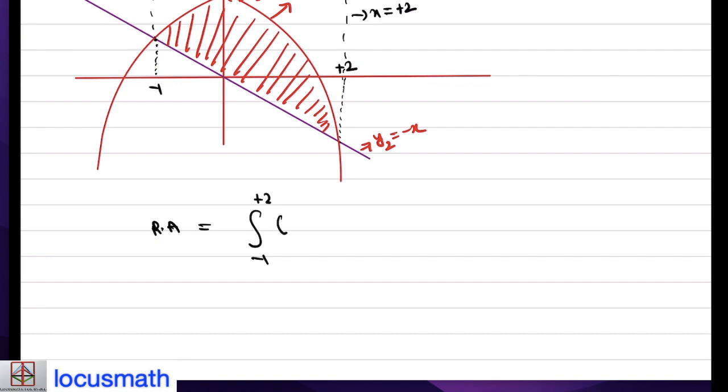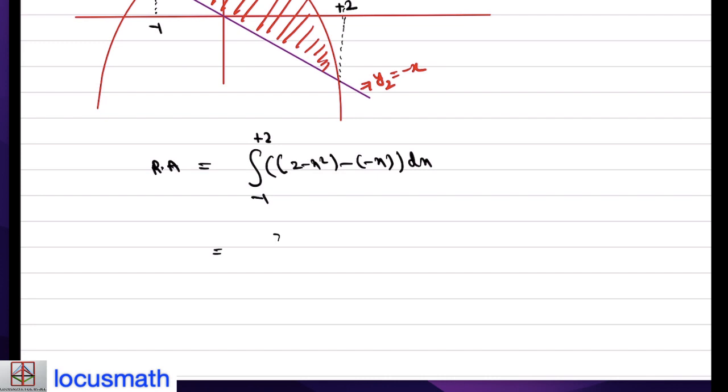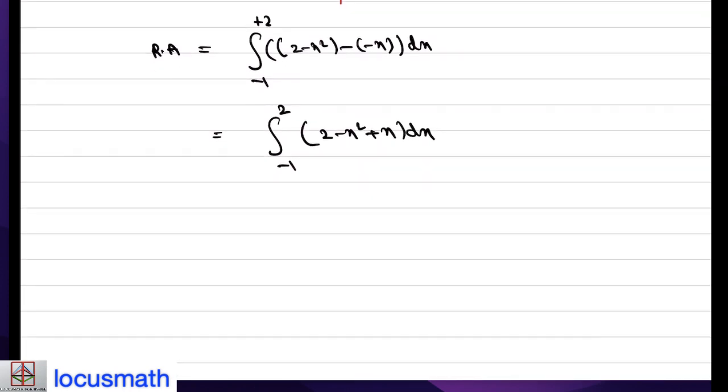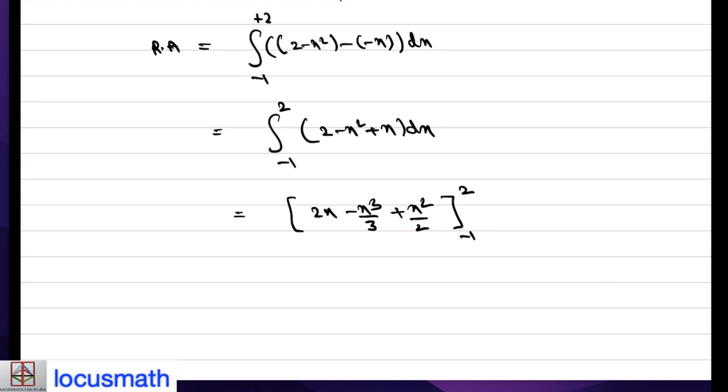So y1 is 2 minus x square, minus y2 which is -x, whole dx. So this is equal to integration of -1 to 2, 2 minus x square plus x dx. So this is equal to 2x minus x cube by 3 plus x square by 2. Limits are from -1 to 2.